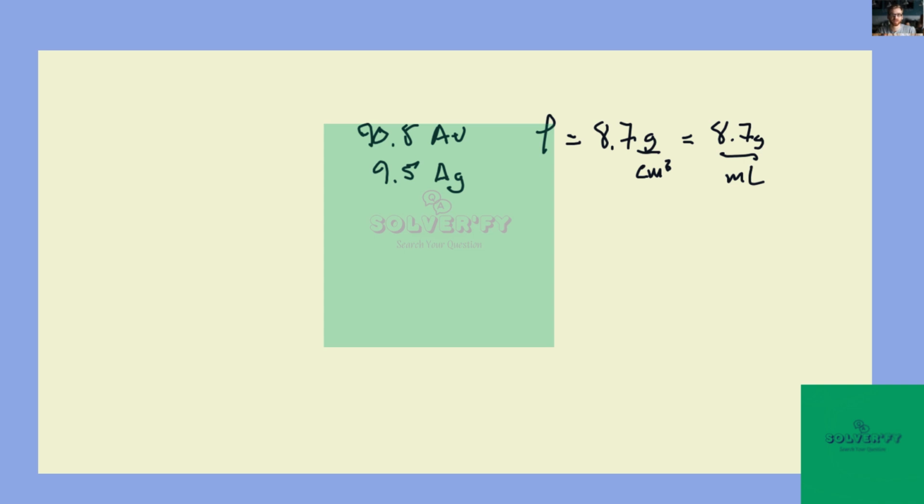We're also told that when put into a graduated cylinder filled with water, the pendant will displace an amount of water that will cause the cylinder to go from 12.6 milliliters to 88.4.